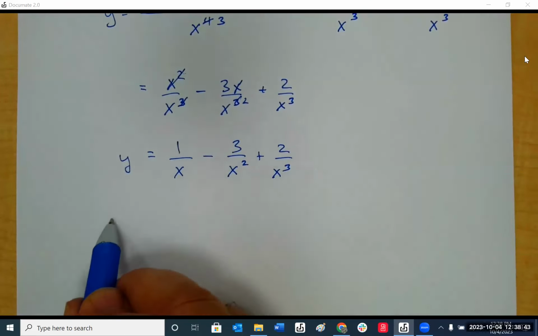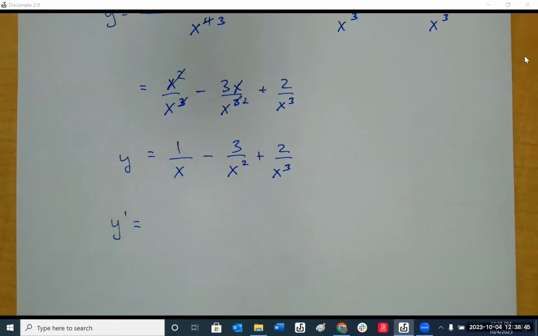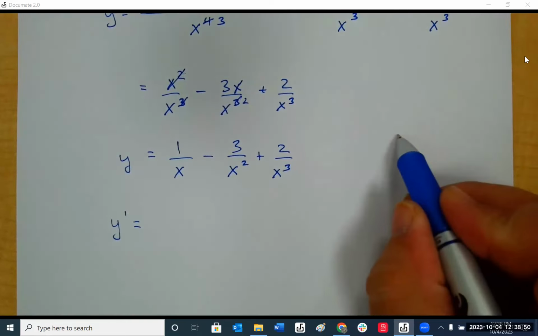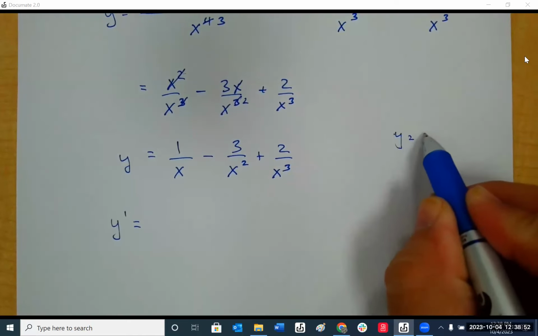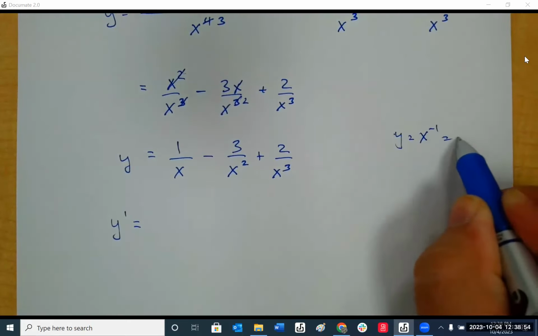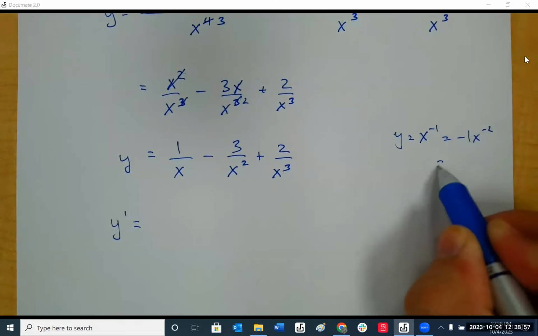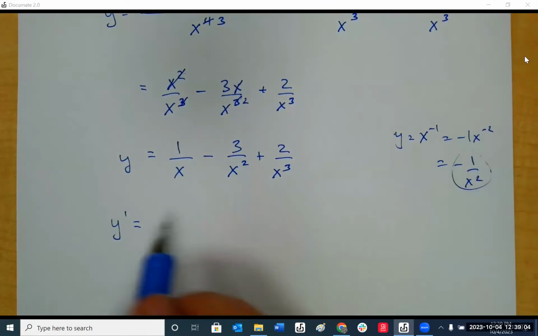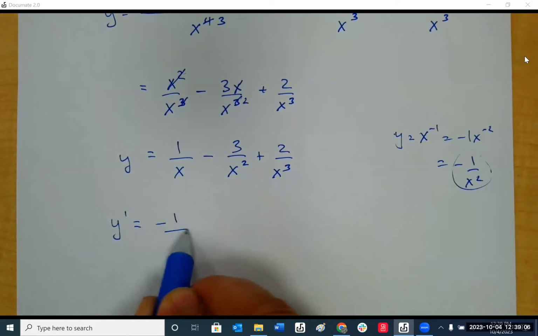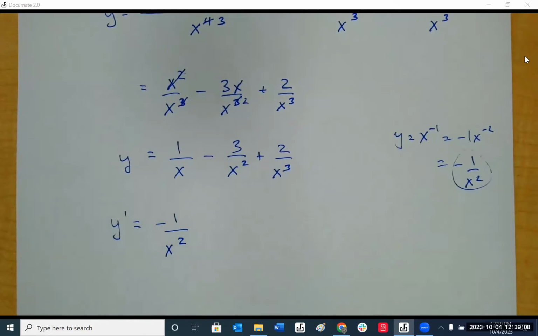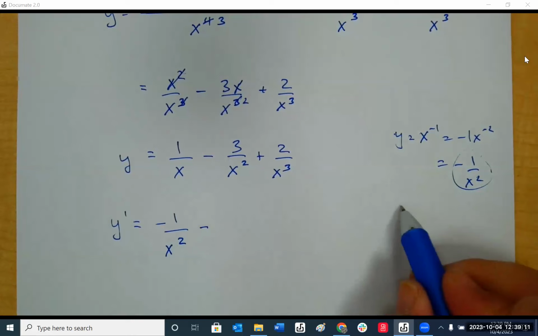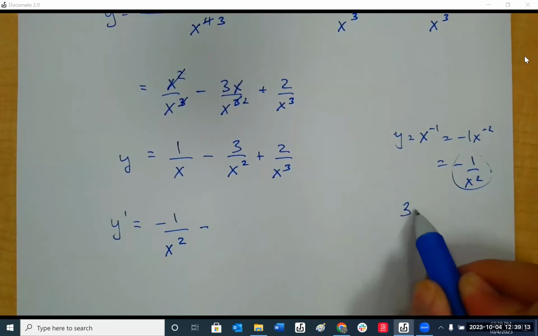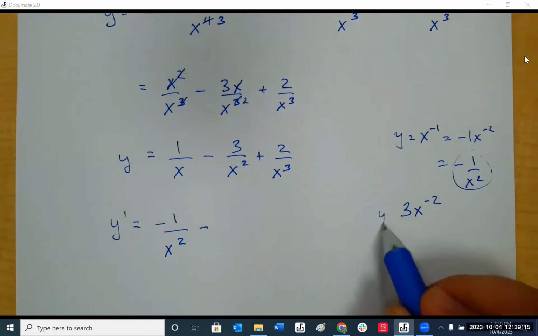We know the derivative of this first one. It's x to the power -1, which makes it -1 x to the -2, makes it -1 over x squared. We've done that a couple times already. So this first one is -1 over x squared. Three times x to the power -2.